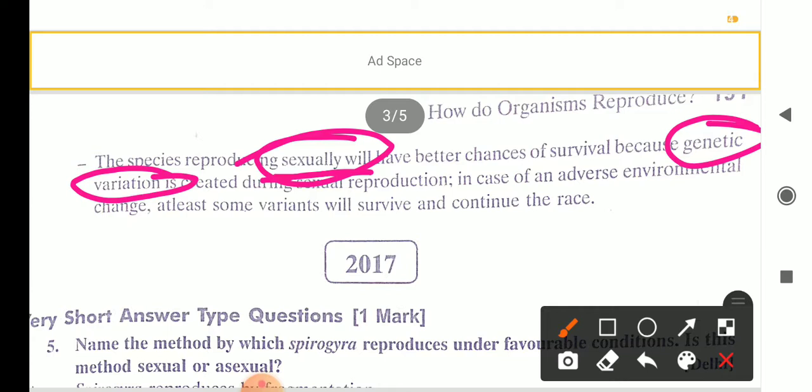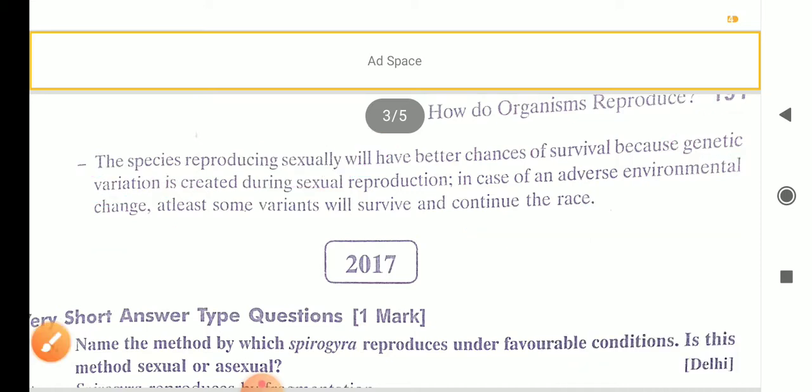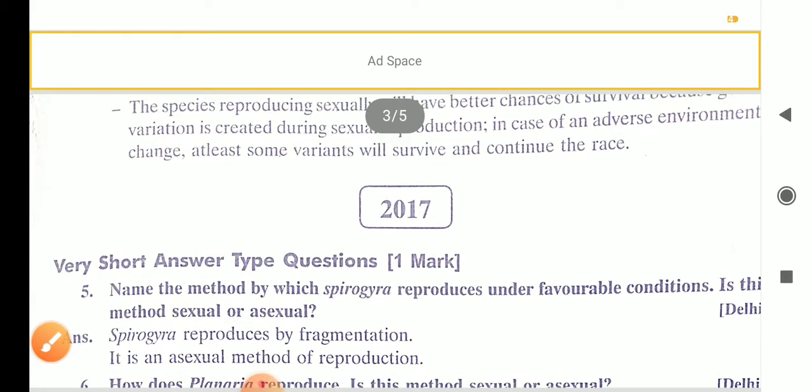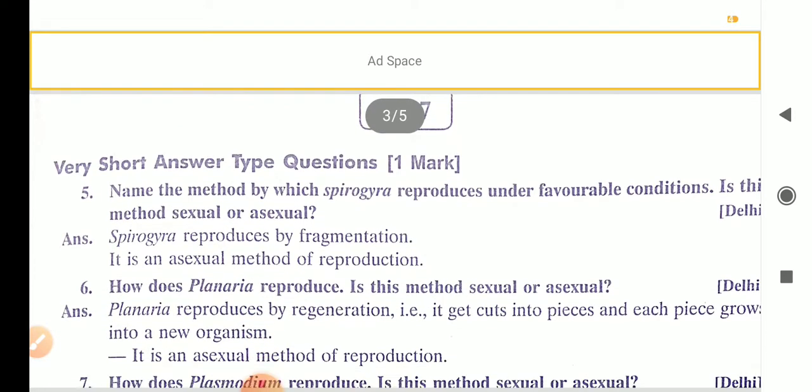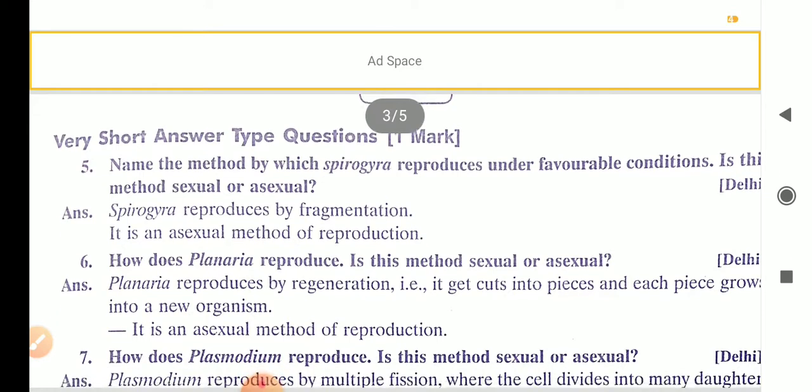In adverse environmental conditions they can help, and some variants will survive and continue the race, right? So these variations may give them better chances of survival, whereas there is no such chance in asexual reproduction. They are clones of their parents, there is no mixing of DNA, so there is no variation.